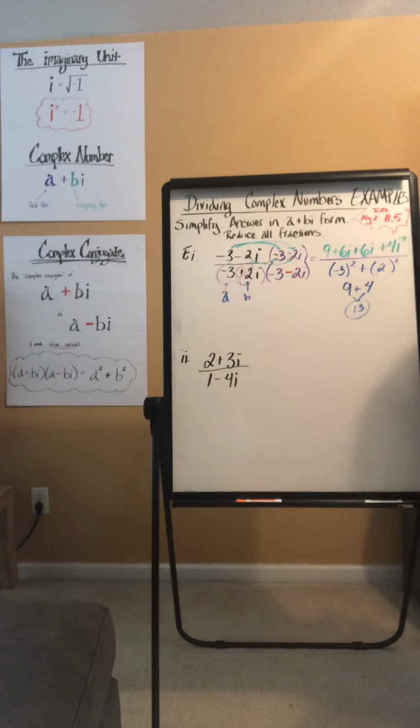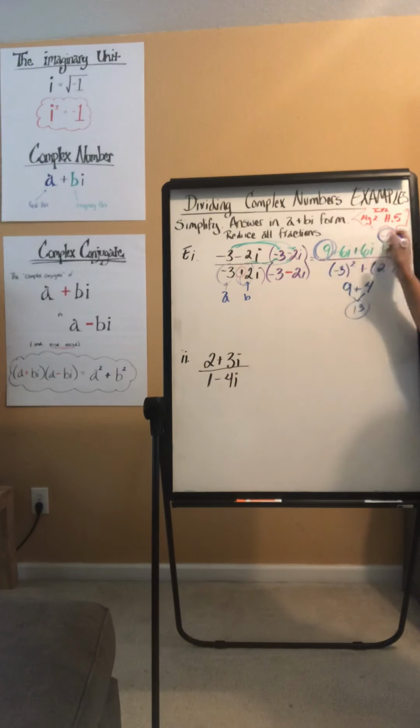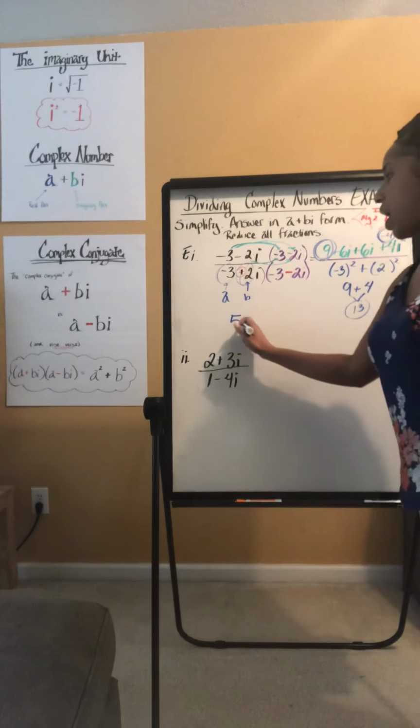All right? Whenever I have an i squared, we have discussed it's just going to change the sign of its coefficient. So 4i squared is like a 4 times a -1, and that would really give me a -4 here. Okay? If I'm combining like terms, my -4 will add with my 9. 9 minus 4 gives me 5.